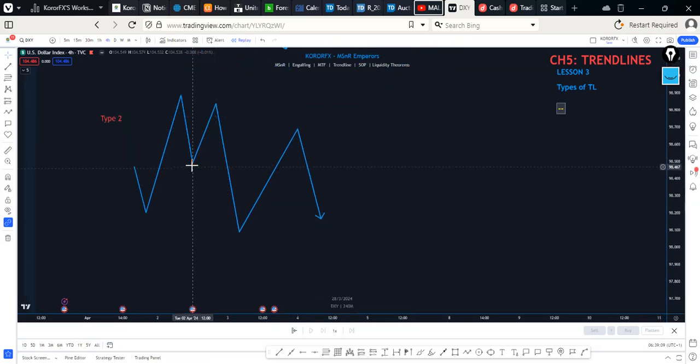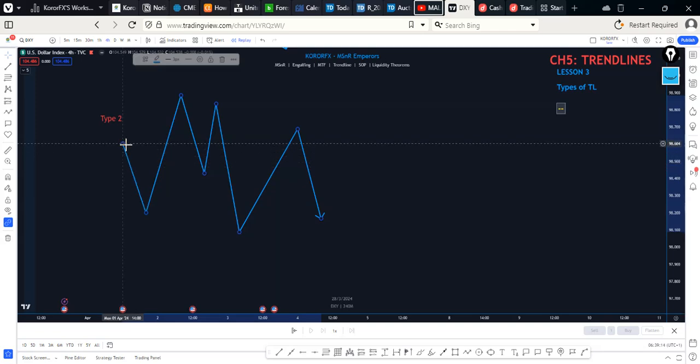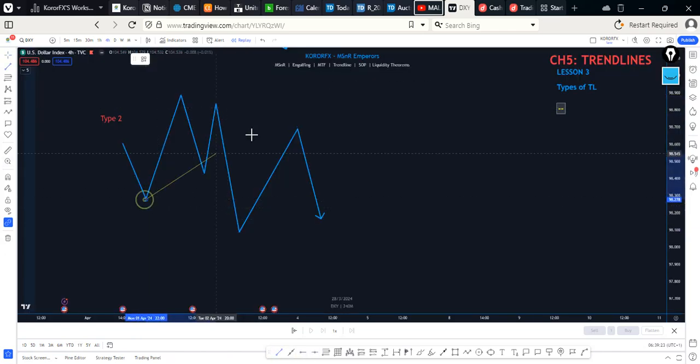Let me make it very clear. We want these points that the price broke as point 1 and point 2. And then price will exactly come and retest the broken trend line like this way.